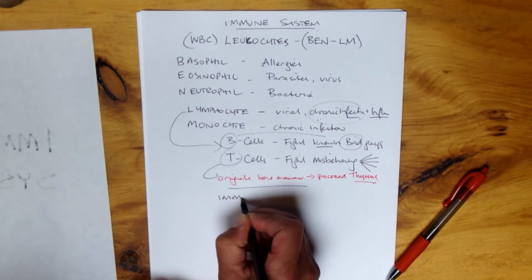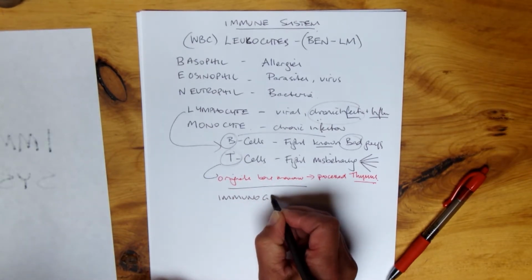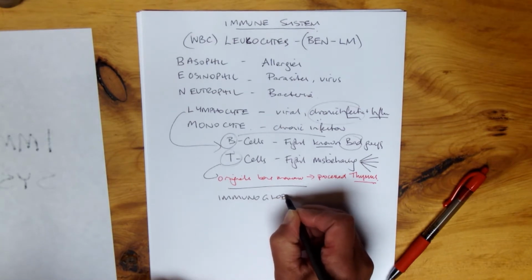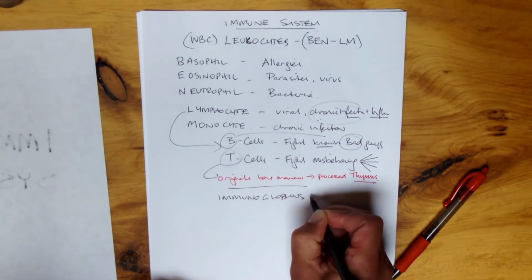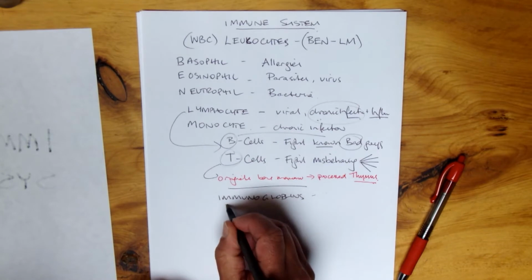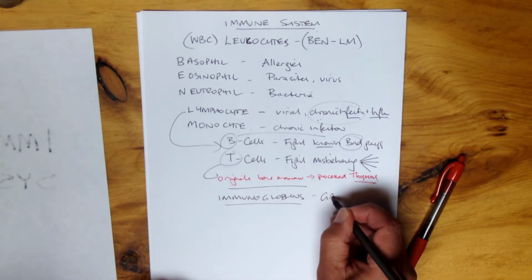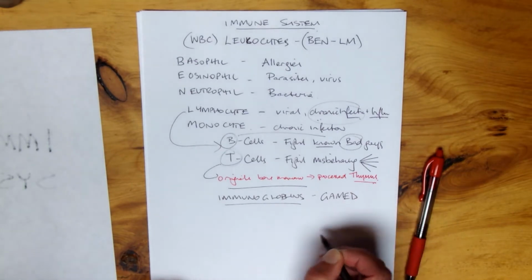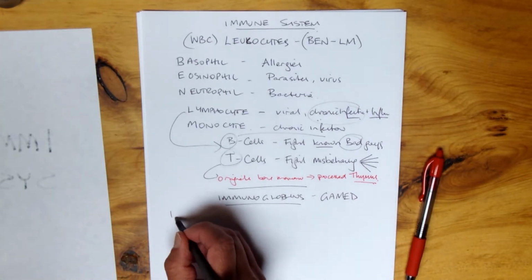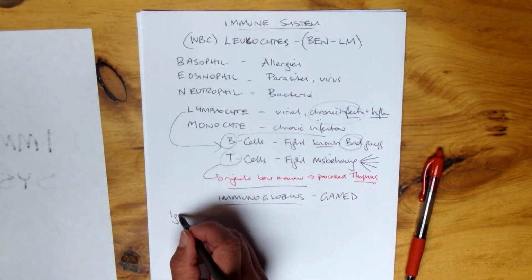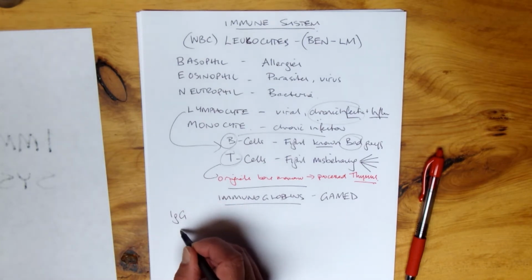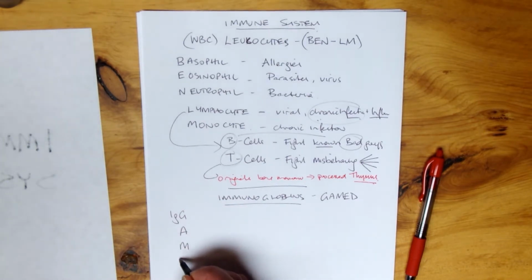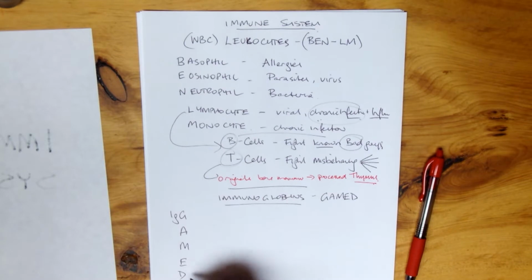Immunoglobulins. Let's have a look at immunoglobulins. The key mnemonic here is GAMED, G-A-M-E, game, and then with the D on it, right? The way they're written normally is the small I-G, small g, then G-A-M-E-D.